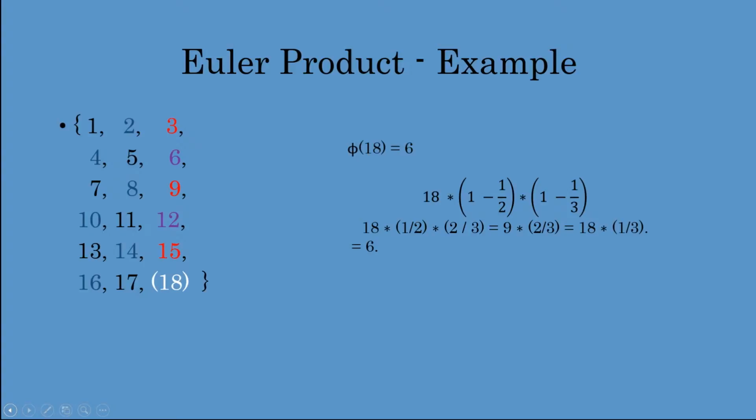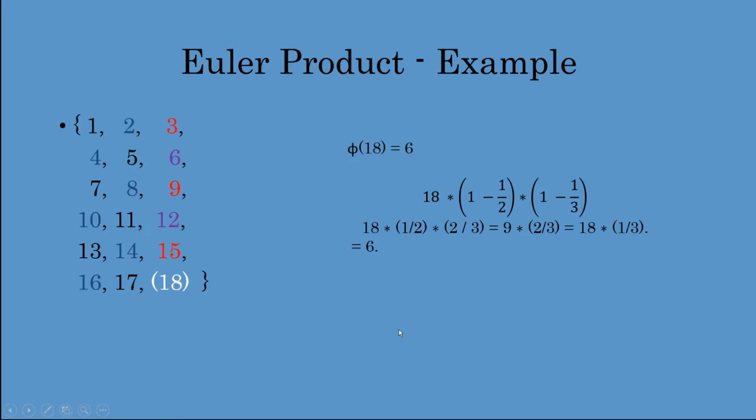But basically what we're doing is we have this quantity, 1 minus 1/2 here. And that represents the fact that we're removing, or in other words, eliminating or discounting all the even numbers, because it's 1 minus 1/2. So all these blue shaded numbers, I tried to color them with blue text to make that a little bit clearer, are being excluded.